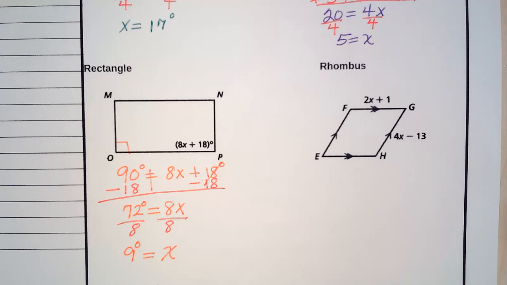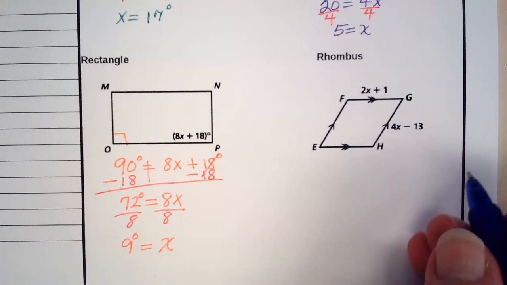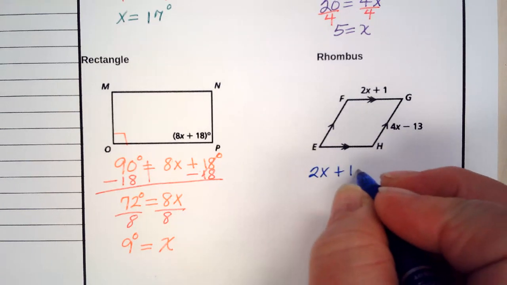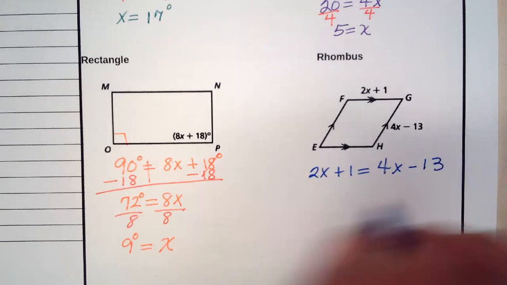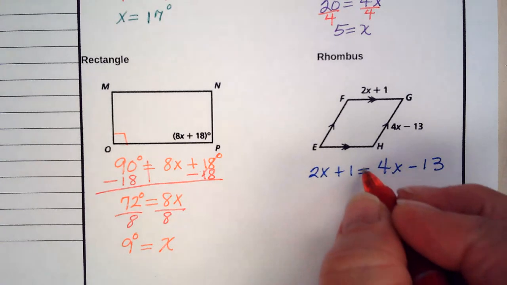Okay, on the next one, what do we know about a rhombus? If you said all the sides were congruent, you would be correct. So if I'm looking at this, I know these two sides are equal, they are congruent. So 2x plus 1 has got to be equal to 4x minus 13. Solve for x.